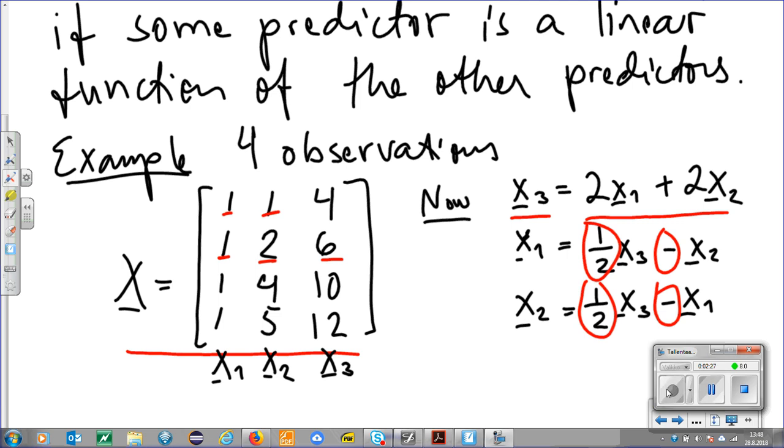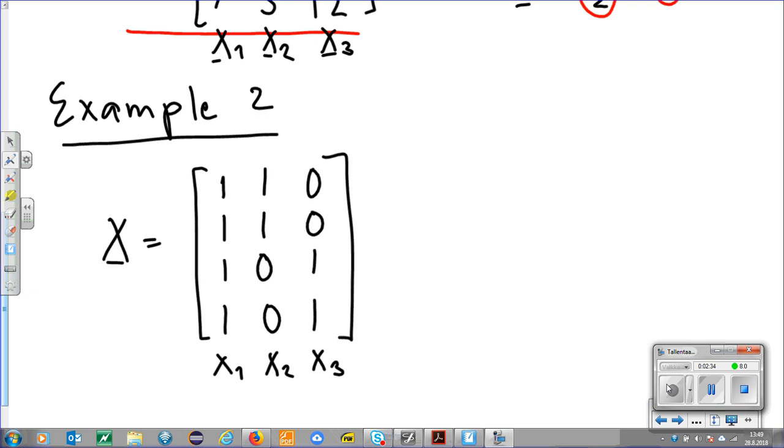Let us take another example of a non-identifiable model. Let us consider a case where the predictors of the model can get only values 1 or 0. These are commonly needed whenever we are using dummy variables as predictors, for example, in analysis of variance and related models.